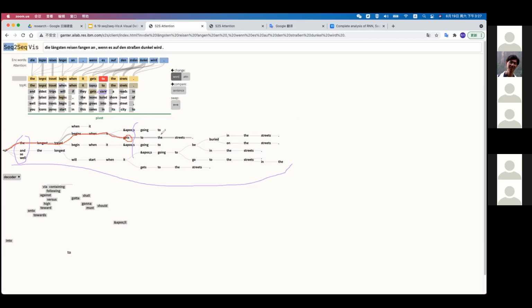So for example, suppose we have subsequences. I'm using SS1, SS2, and SS3, right? So suppose we choose the top 3.